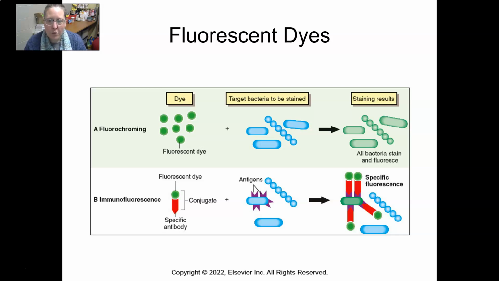Or you can do immunofluorescence, where there's a fluorescent dye that's attached to an antibody, and you incubate your specimen with the antibody. The antibody will attach only to the antigens for which it was made, so it will only identify a specific type of bacteria that you're looking for, and it would bind to it and glow. You would only see glow if that specific bacteria that you're looking for is present in the specimen.